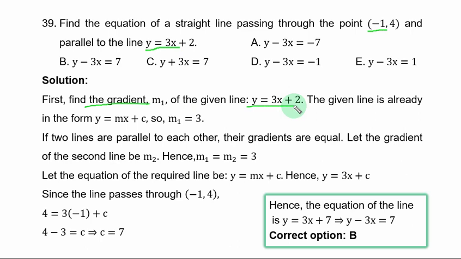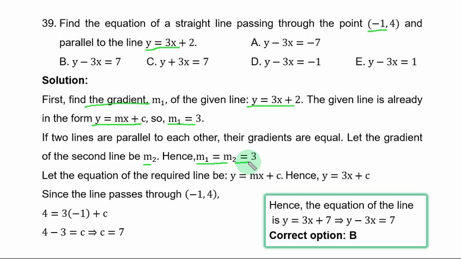The given line is already in the form y equal to mx plus c, where m is the gradient. Therefore, m1 is equal to 3. If two lines are parallel to each other, their gradients are equal. So let the gradient of the second line be m2. Hence, m1 equal to m2 equal to 3.